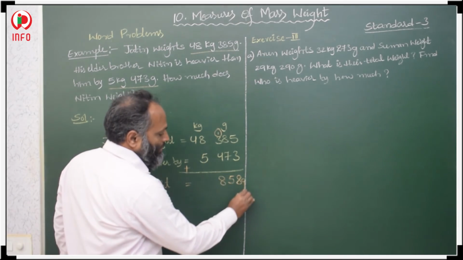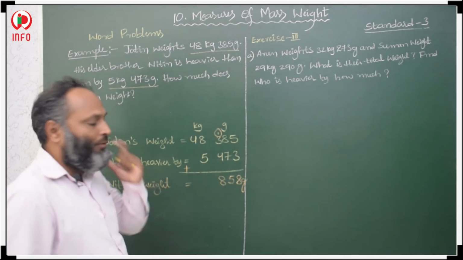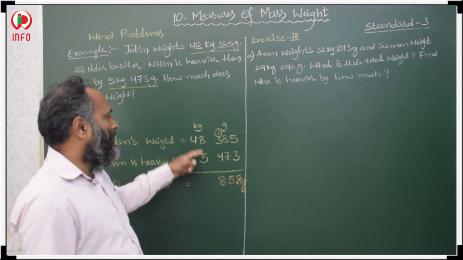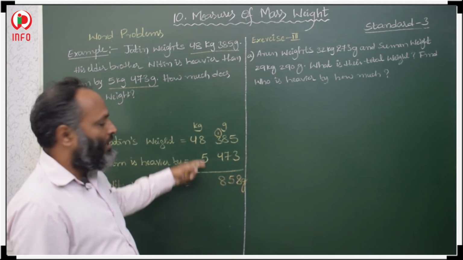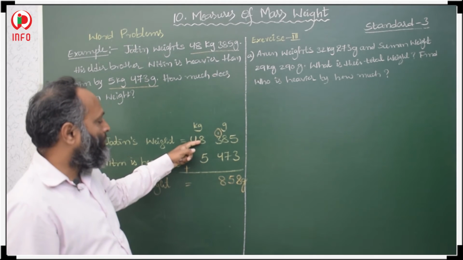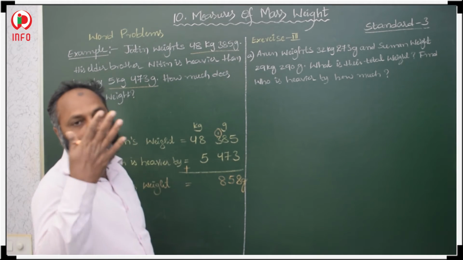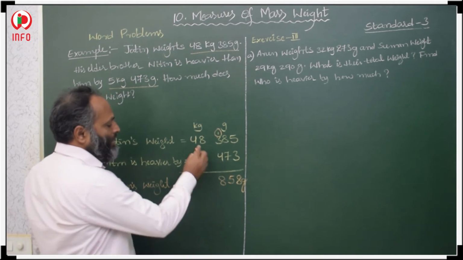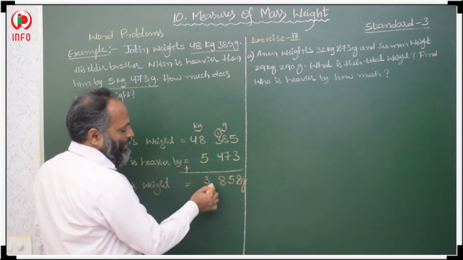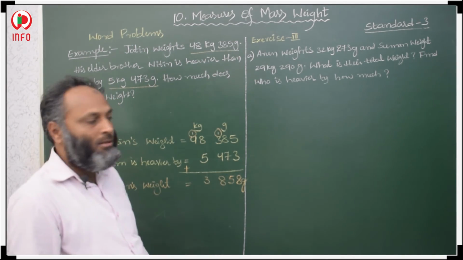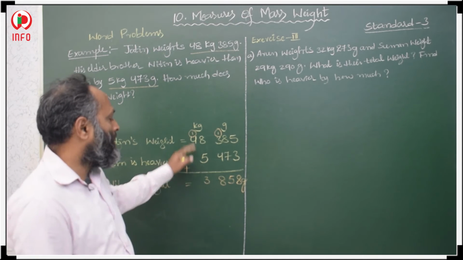So this is in grams, 858 grams. Now add kgs. 8 plus 5 in kgs ones place is 13. 13 means 3 in ones place in kgs, and 1 we carry over to tens place. Next 4 plus 1, 5.